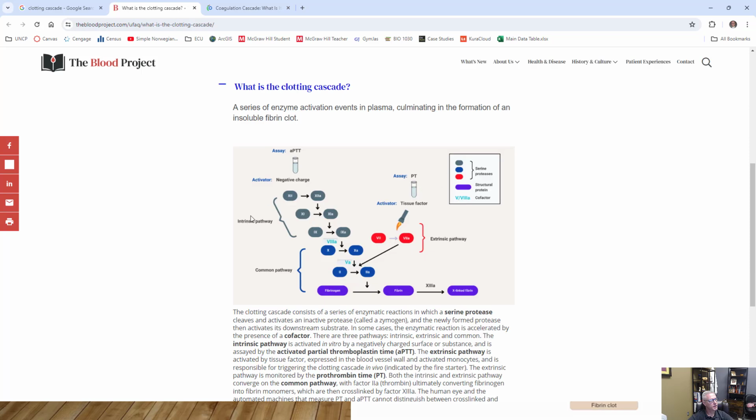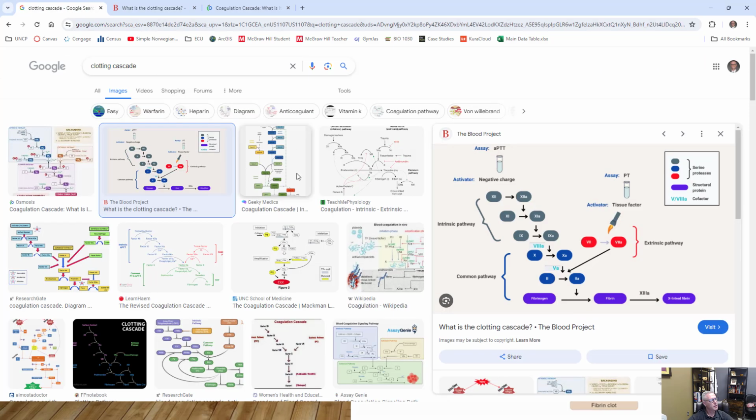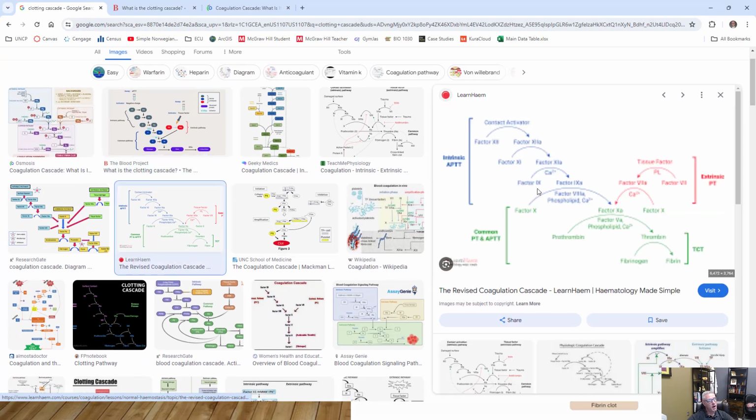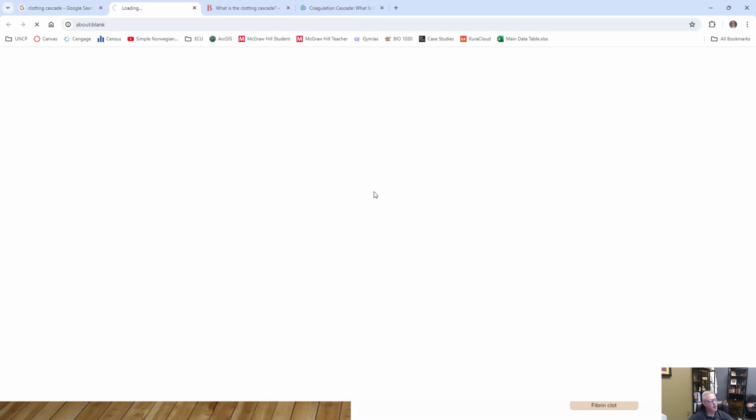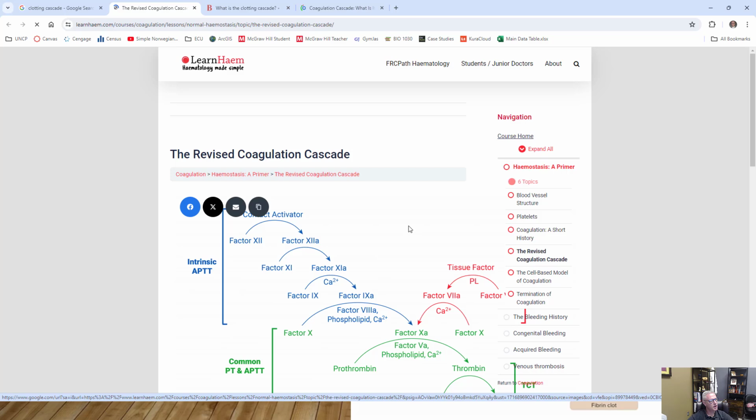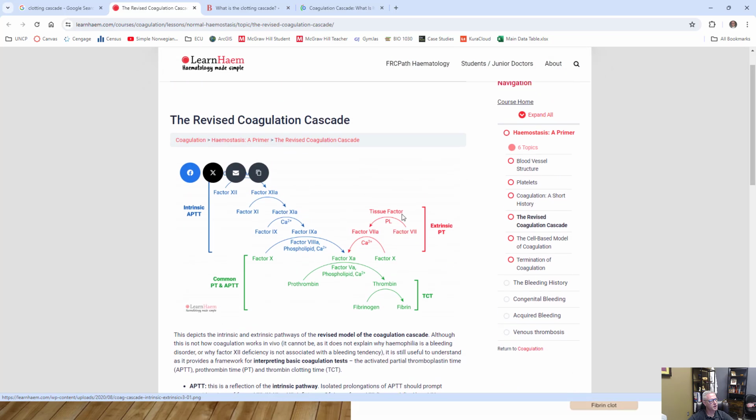Here's your intrinsic, here's your extrinsic, here's your common pathway. I like this one as well. I actually use this. I have a copy of this in my lecture when I teach in class.